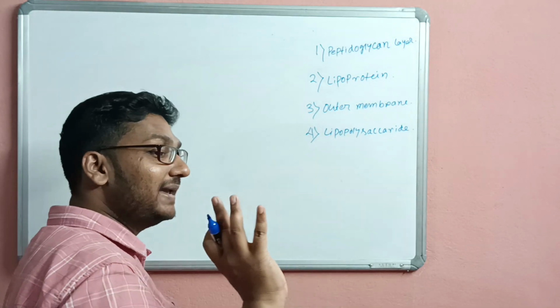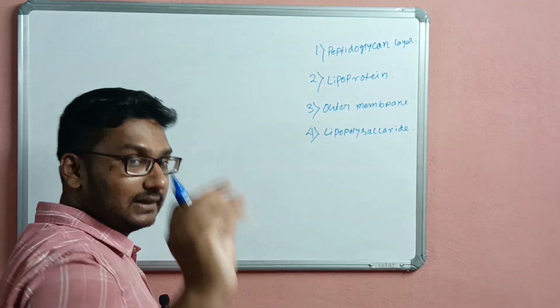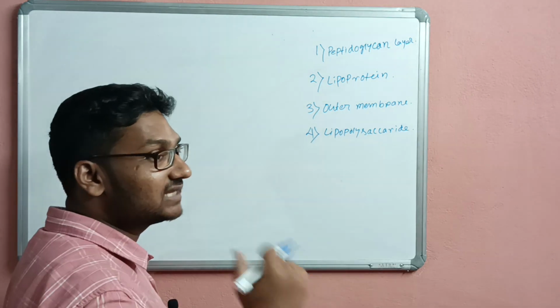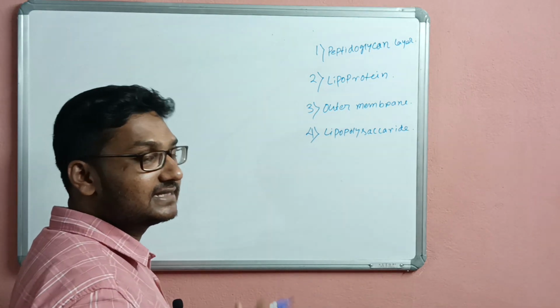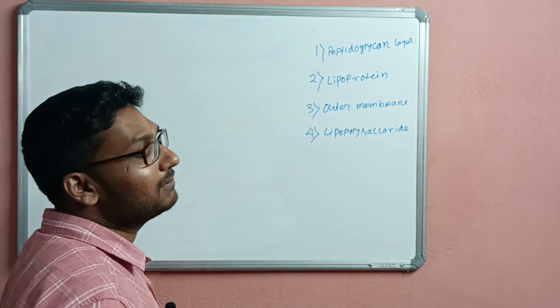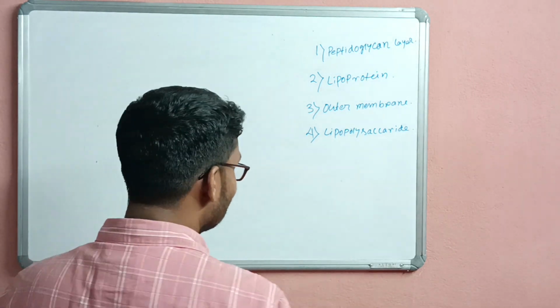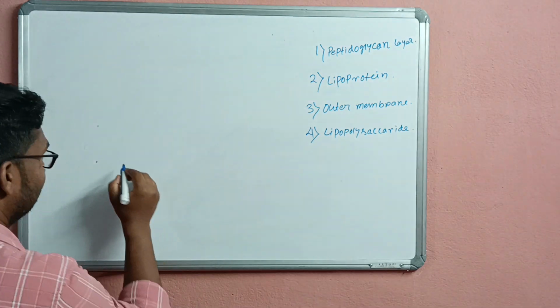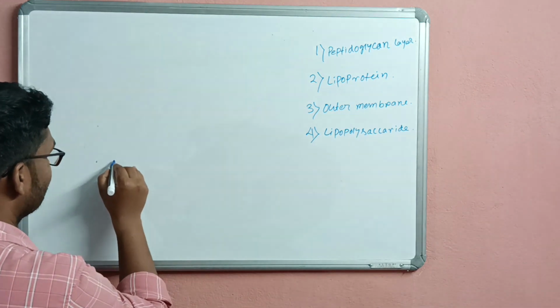These 4 major layers are present outside the cell wall of gram-negative bacteria. Clear? Now we have to see how it is formed.